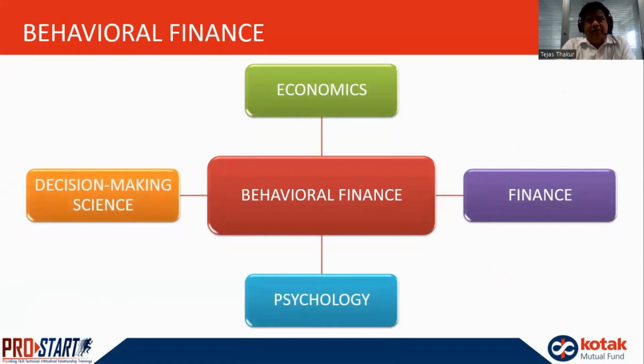Each of these is a complicated topic, and each of these is independently a PhD or double PhD topic. If you're going to combine them together to formulate something known as behavioral finance, it's going to be complicated. But as you've seen in the last session, we have tried to keep things as simple as possible using examples. So, this session is going to be no different than that.